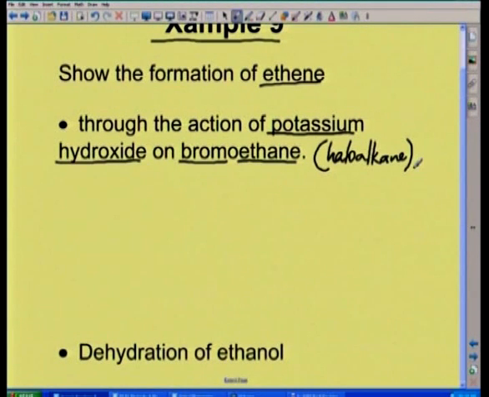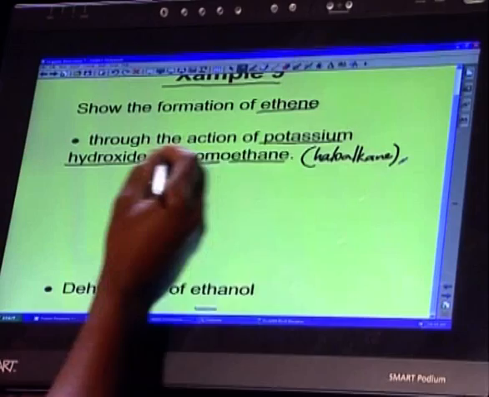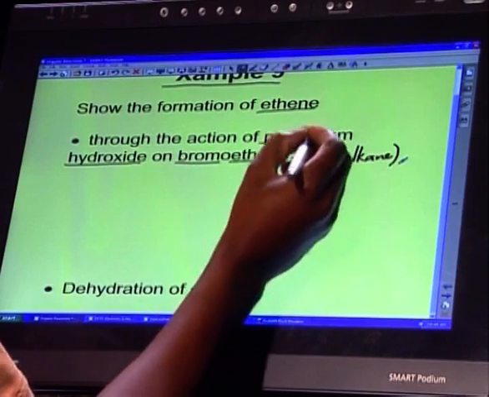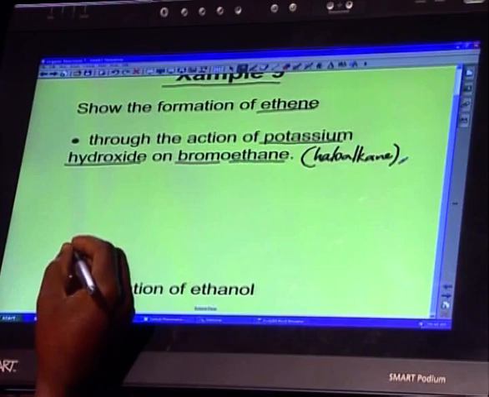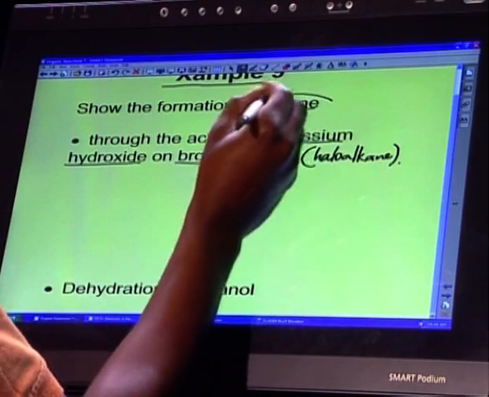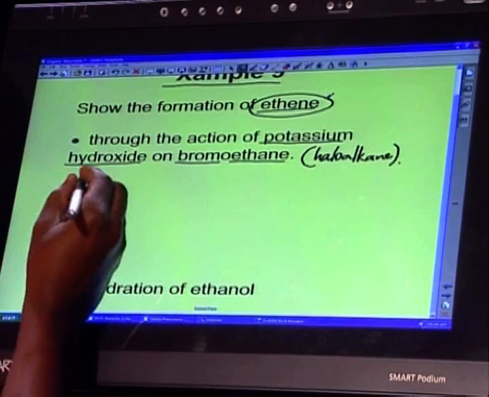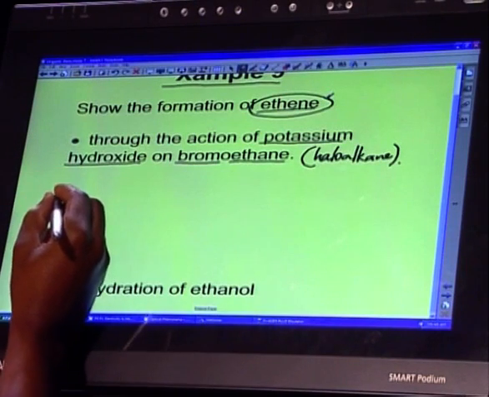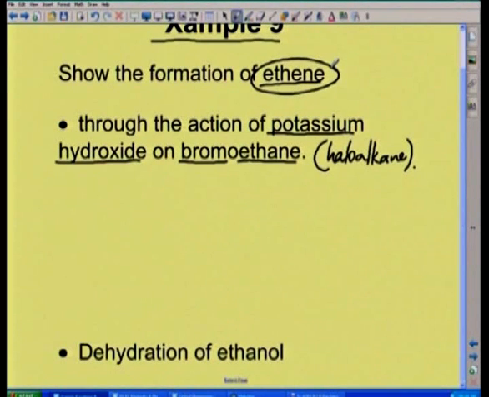Okay? Now, you are making this haloalkane react with potassium hydroxide. And at the end, we are forming ethene. Now, let's quickly see what happens here. So you start with bromoethane, okay? And at the end, you are forming ethene.